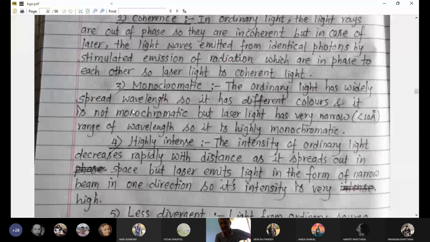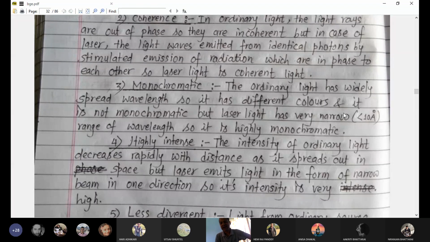So ordinary light is not monochromatic, but laser can produce light having a very narrow range of wavelength, which is less than 10 angstrom.